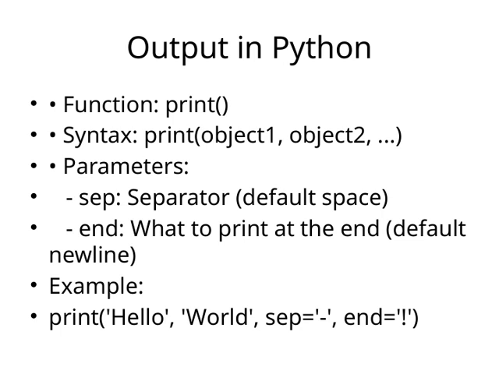For example, if we write print hello, world, sep equals, end equals, it will output hello world, all on one line. This flexibility makes print a powerful tool for customizing how your program communicates with the user. Remember, understanding how to control output is essential, especially as we build more interactive programs and applications.